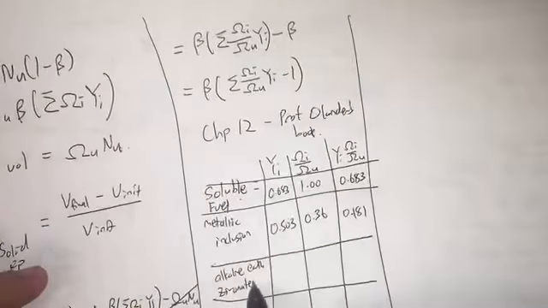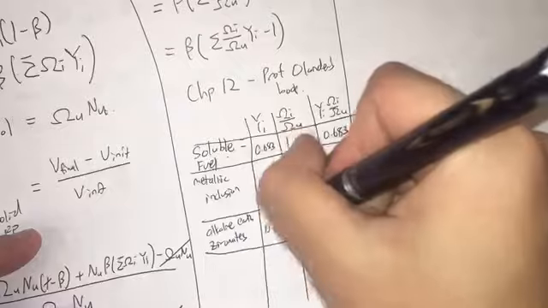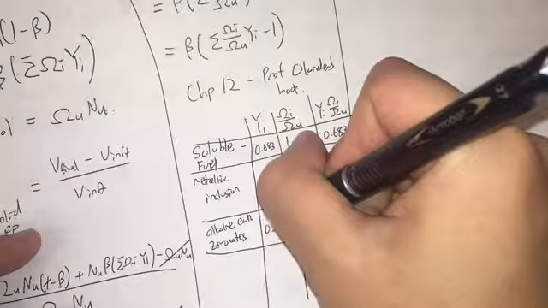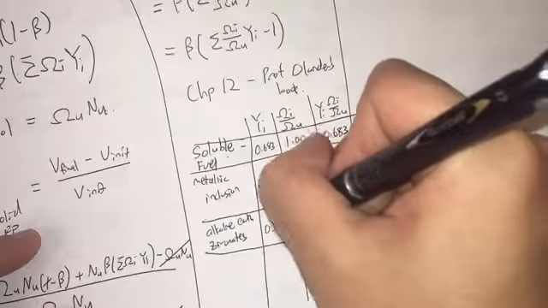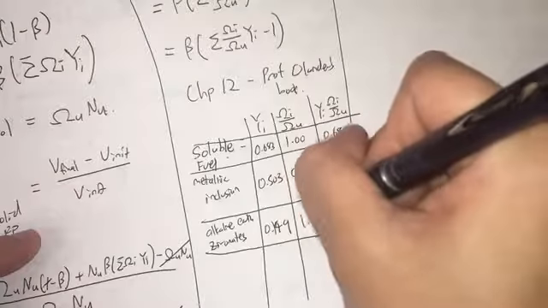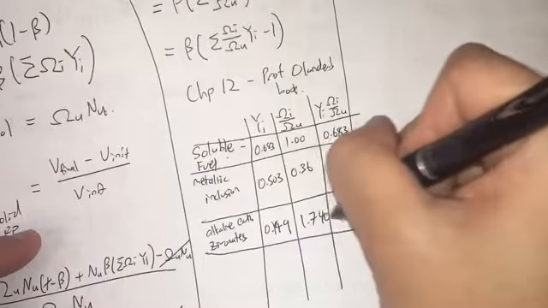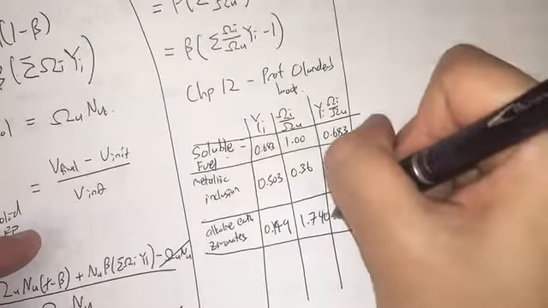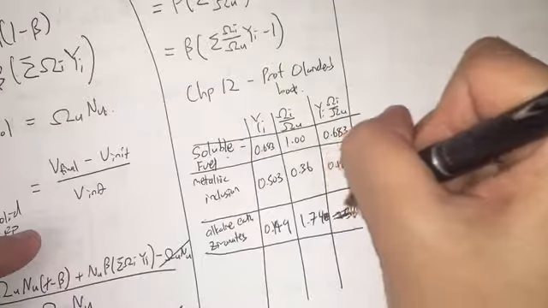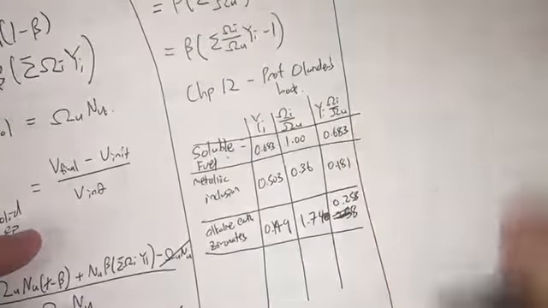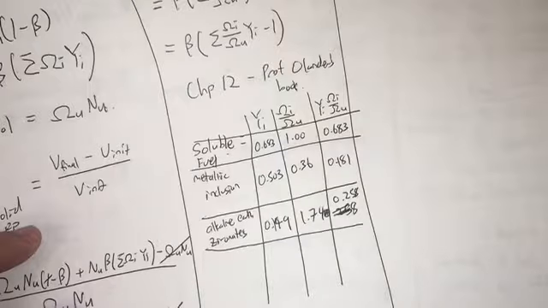So this is the group 2 section. 149, 1.74, 0.258.